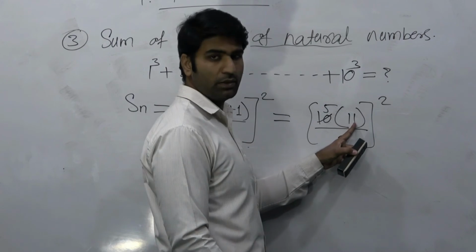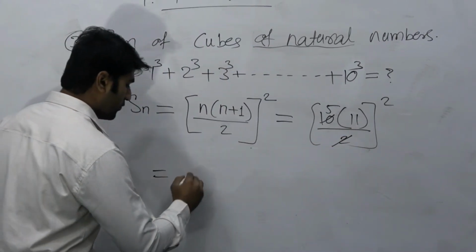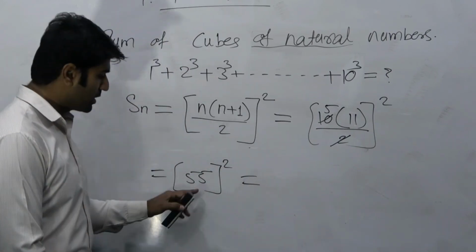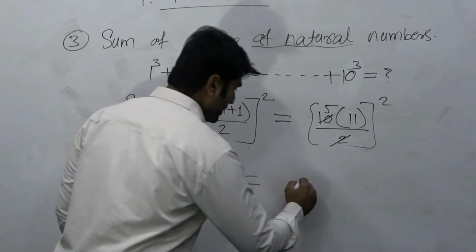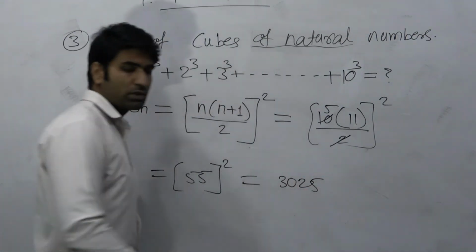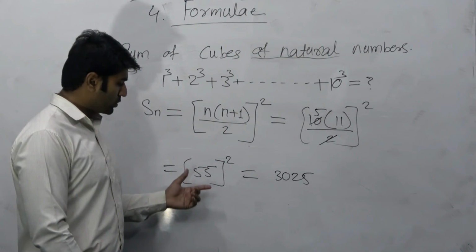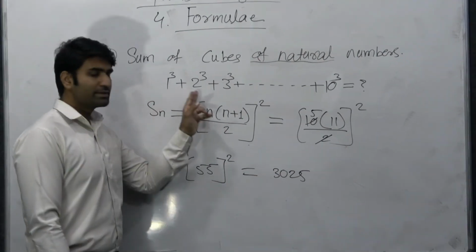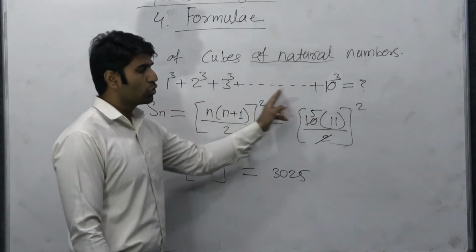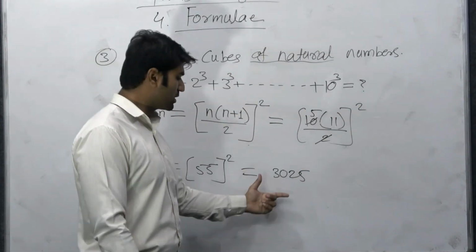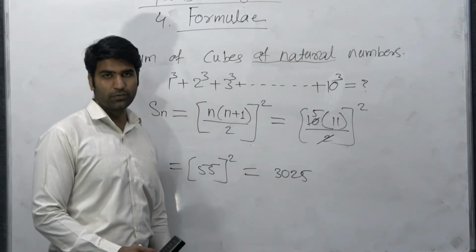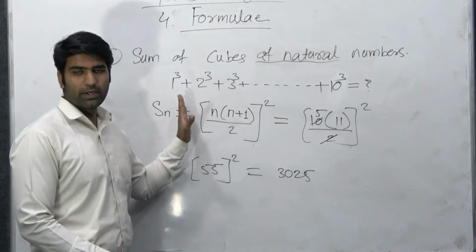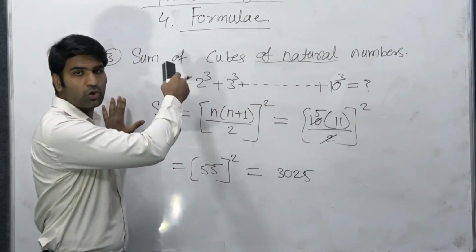So 5 into 11, 55, and bracket square. The answer is 55 square, which is 3025. The answer of this series, 1 cube plus 2 cube plus 3 cube up to 10 cube, is 3025. Remember the first formula, and then the square of it is the formula for cubes of natural numbers.